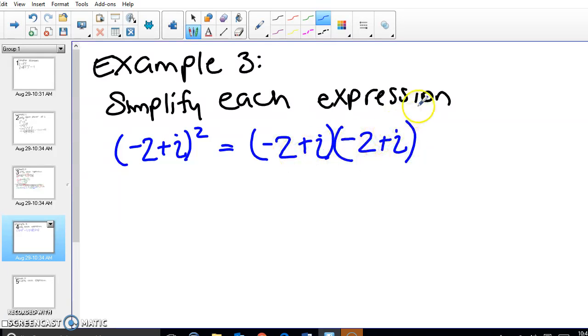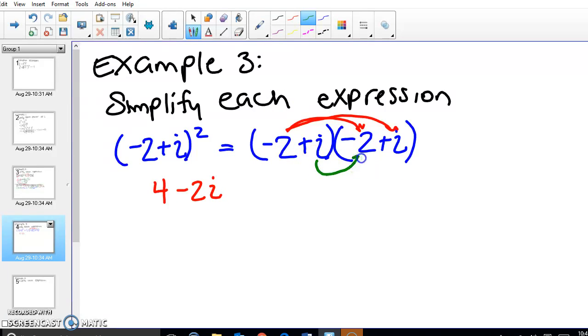So here we need to do our FOIL or box method, whatever you're comfortable with. Either way is fancy distributing. So we have negative 2 times negative 2, and then negative 2 times i. So negative 2 times negative 2 is 4. Negative 2 times i is negative 2i.